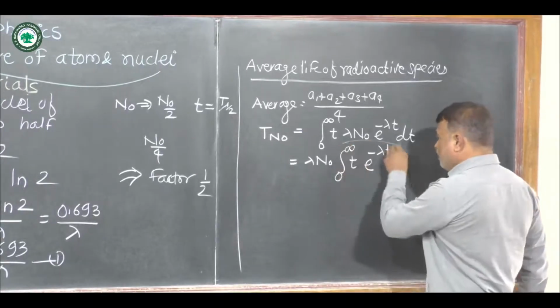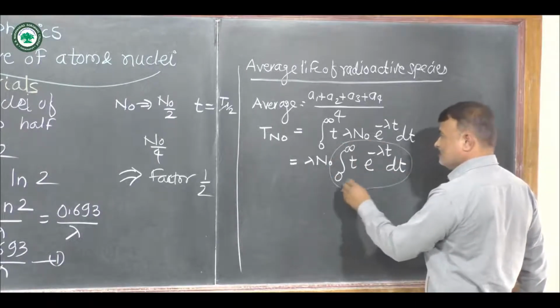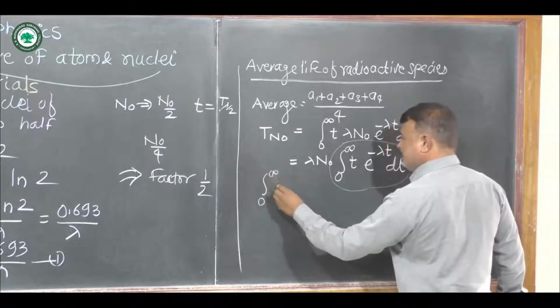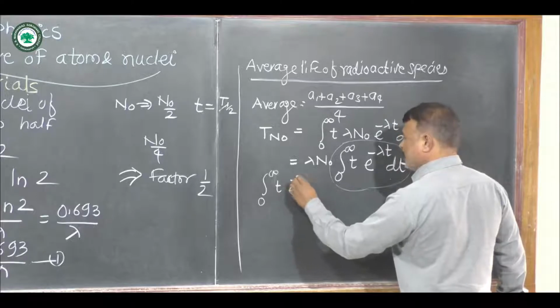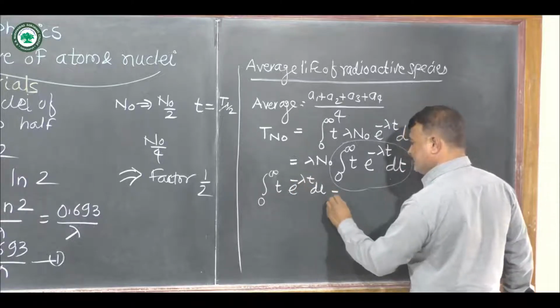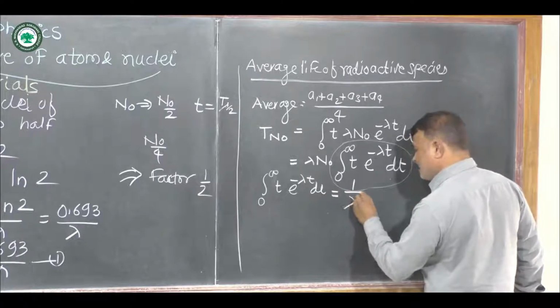Now remember the formula: the integration from 0 to infinity of t into e raised to minus lambda t into dt is equal to 1 upon lambda square.